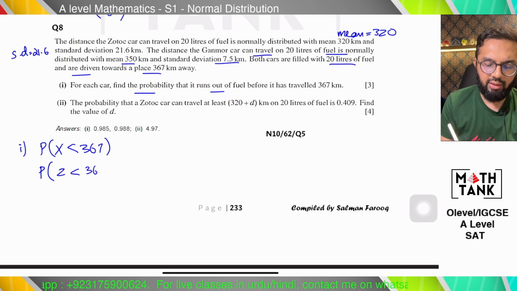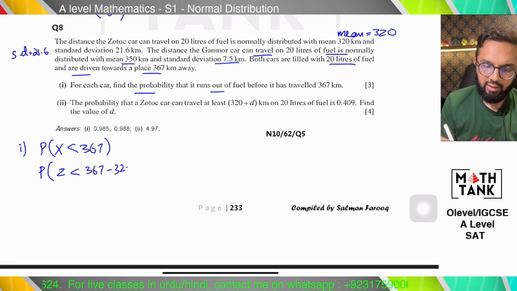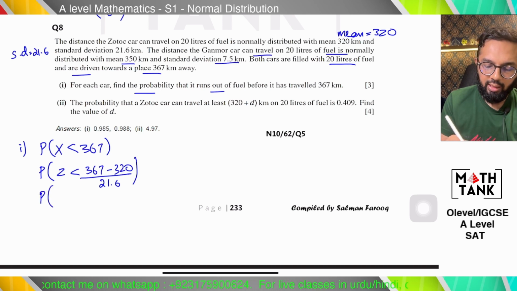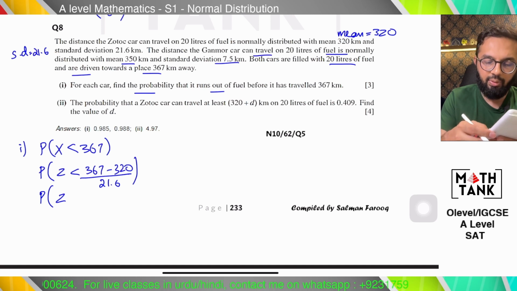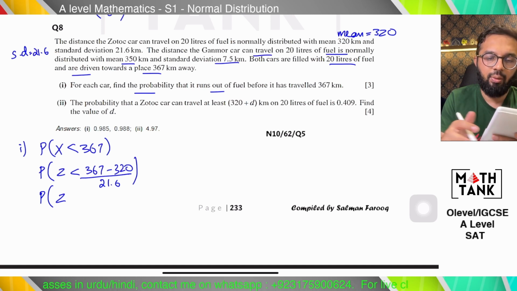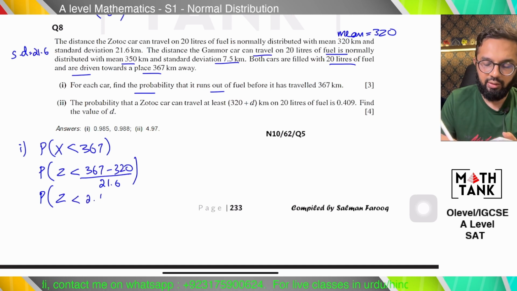So Z less than 367 minus 320 divided by 21.6. Let's see if we get a number out of that. That gives me the probability of Z less than 2.176. So phi of 2.176.